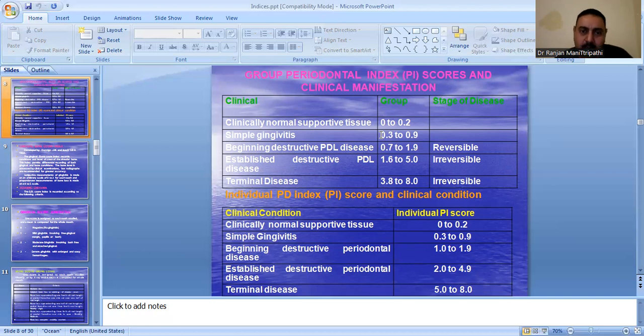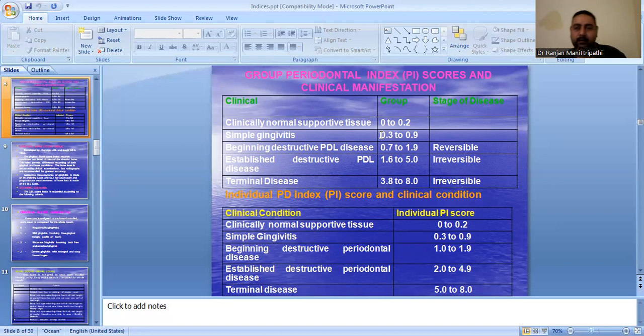If we talk about individual periodontal disease index score and clinical condition, clinically normal supportive tissue is when the individual score is from 0 to 0.2. Simple gingivitis is established where the score is 0.3 to 0.9.